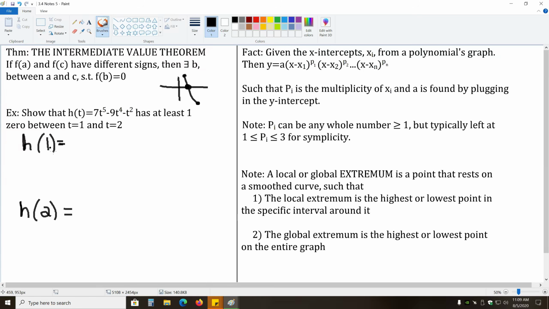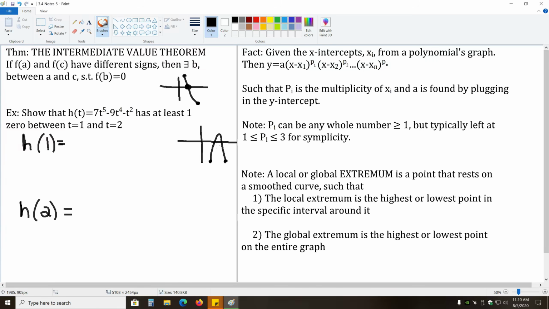Just a note though, if they do not have different signs, if one's positive and one's negative, that does not mean that there is not a zero. It doesn't go backwards. This only can tell us if there is a zero if we see the different signs, but it can't tell us that there's not a zero, because you could have a graph that looks like this, where you plug in 1 and 2, both of them have negative values, but in between them the graph goes like this.